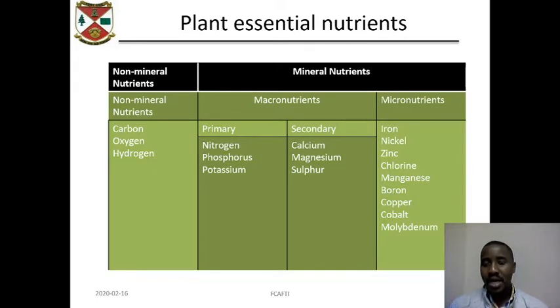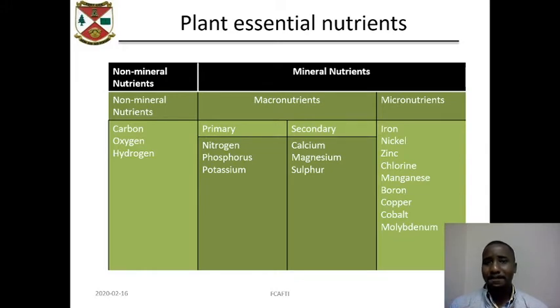Okay. So if I ask you, for example, how many plant essential nutrients, if you say there are 17, I will mark you correct. If you say there are 18, I will mark you correct.